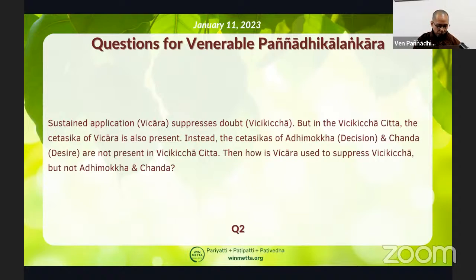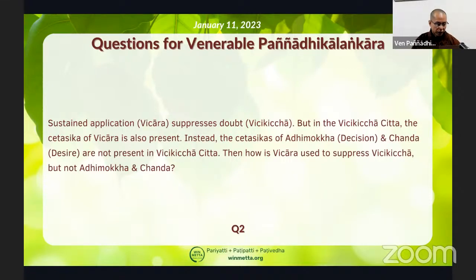Okay, so let's see. If we observe the nature of vicara, it is similar to wisdom, panna, because it is like observing or sustaining the concept, the consciousness applying to the object. By the power of vicara, the object becomes closer, it seems closer and clear.